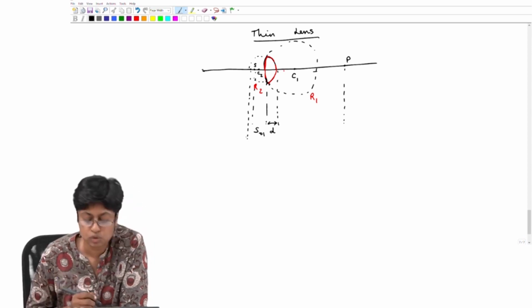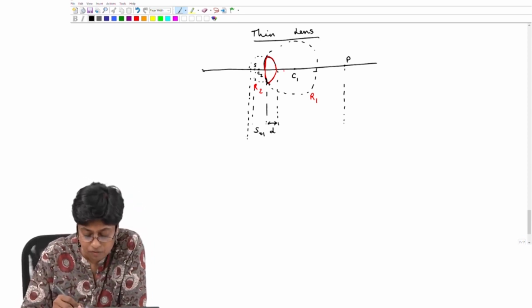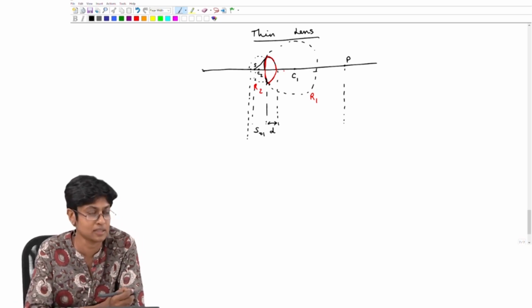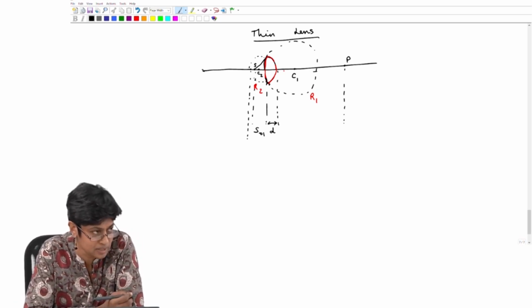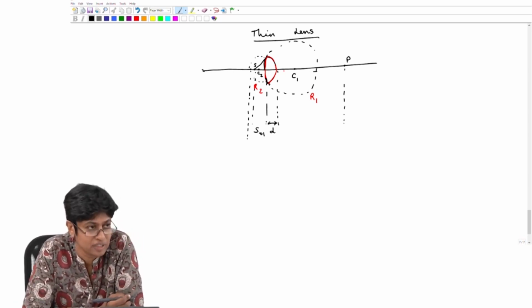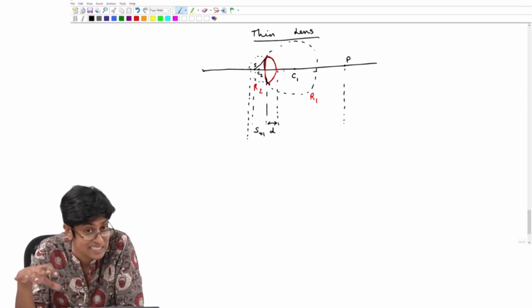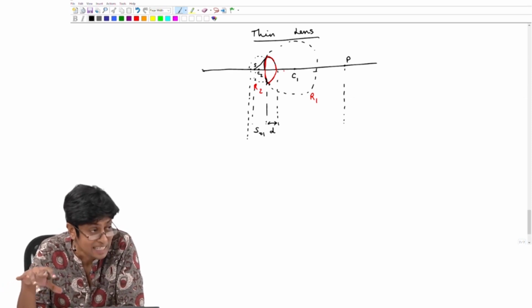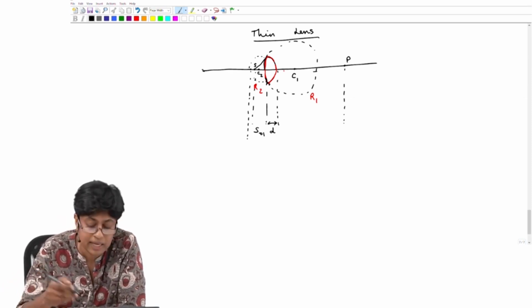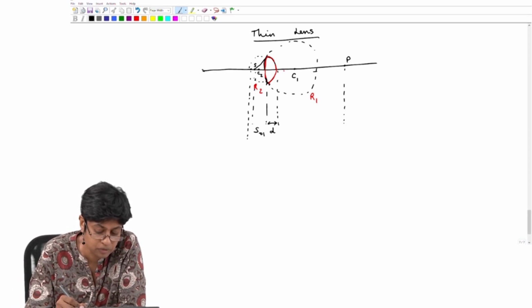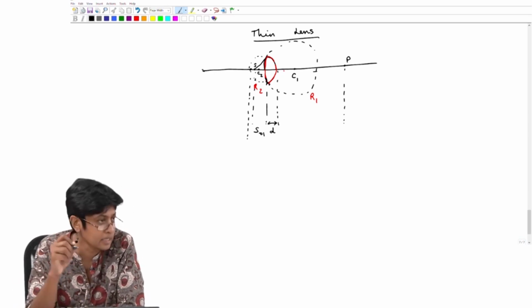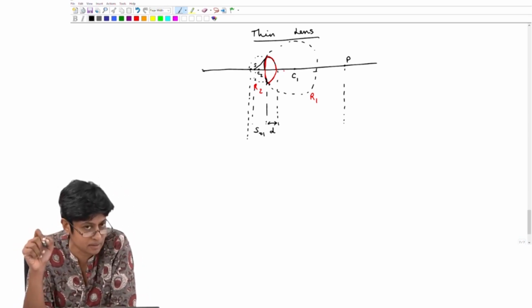Light traveling from point S hits the first interface. If the second interface did not exist, in the case that I am setting up now, its image point would actually be at this point over here. I will explain to you why I have done that.